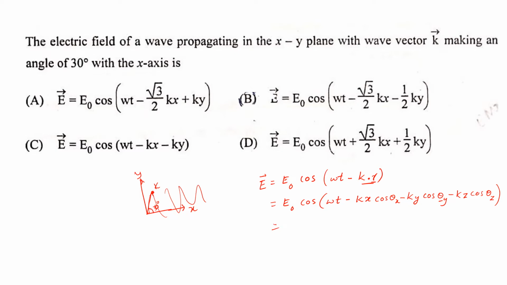So here theta z is 90 degree, therefore cos theta vanishes. So value of this will be 0. This term will be 0.